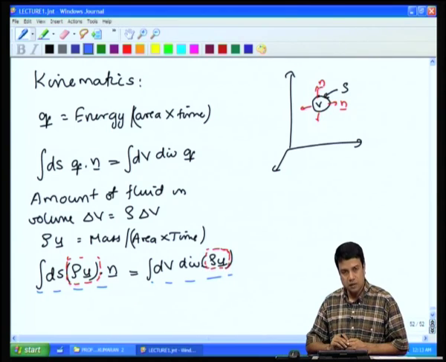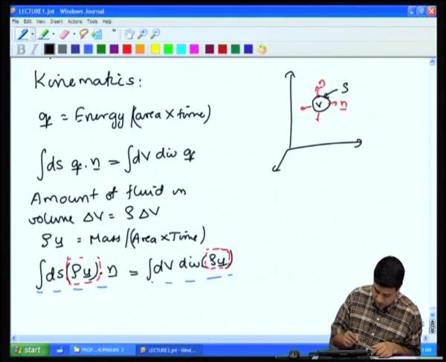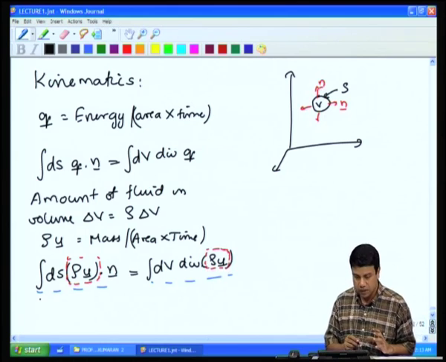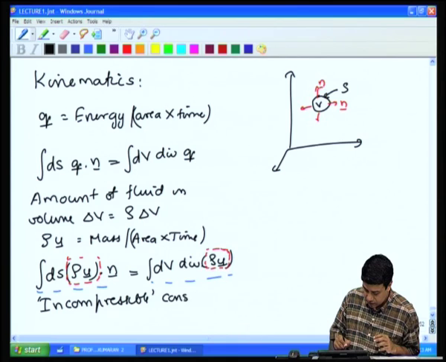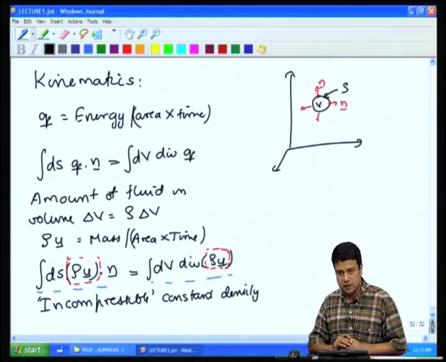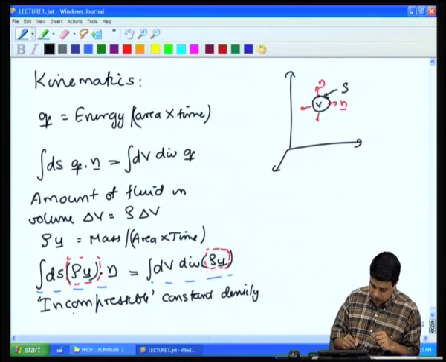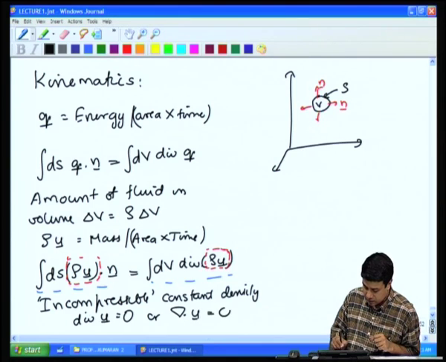Further, if the fluid is also what is called incompressible, if there is no mass source anywhere, and if the fluid is also incompressible, that is, constant density, which means that the density is a constant, then I require that divergence of u is equal to 0, or del dot u is equal to 0.